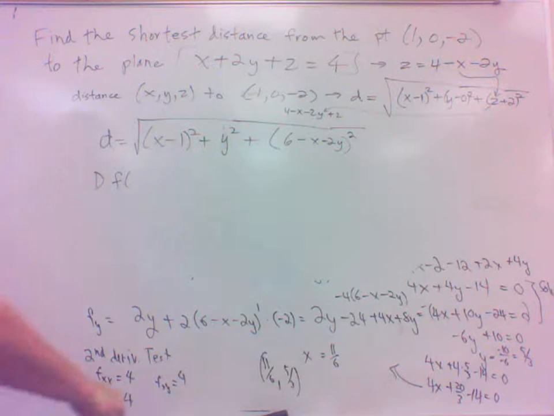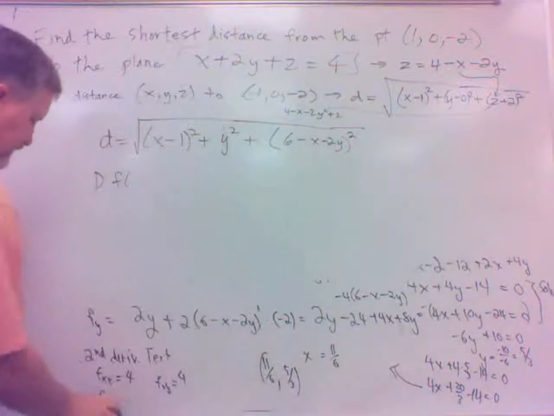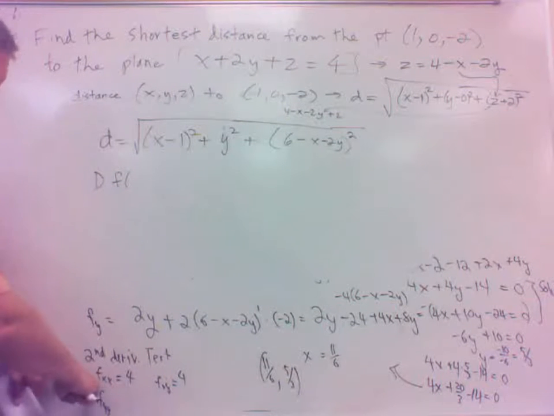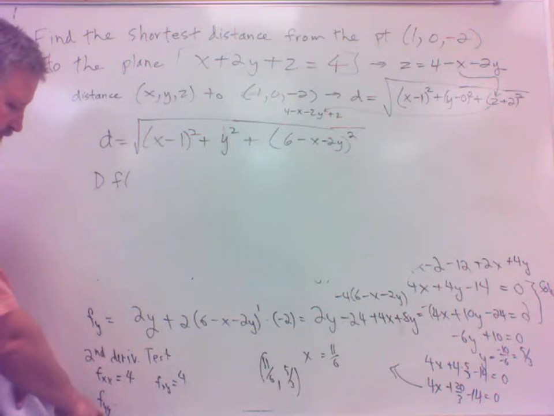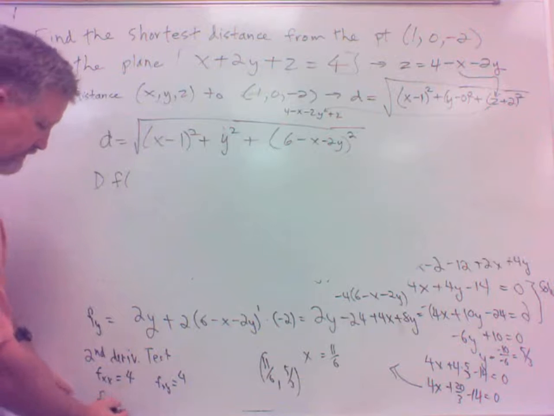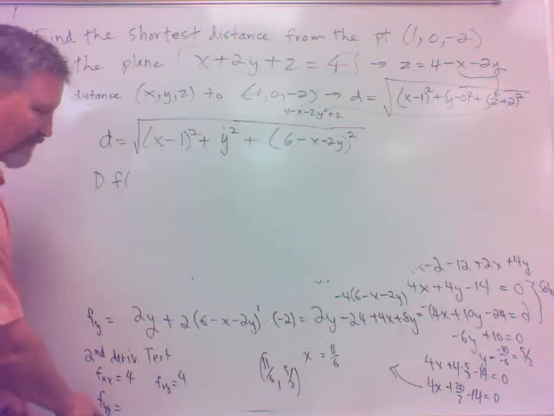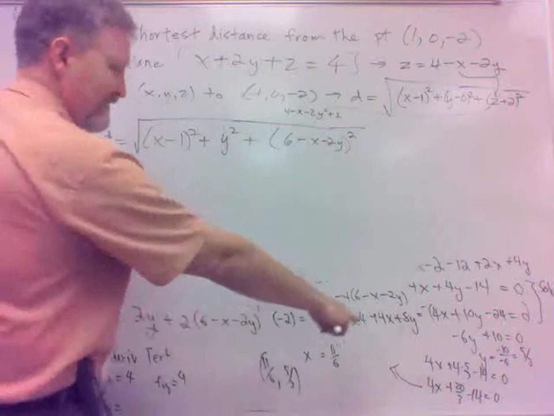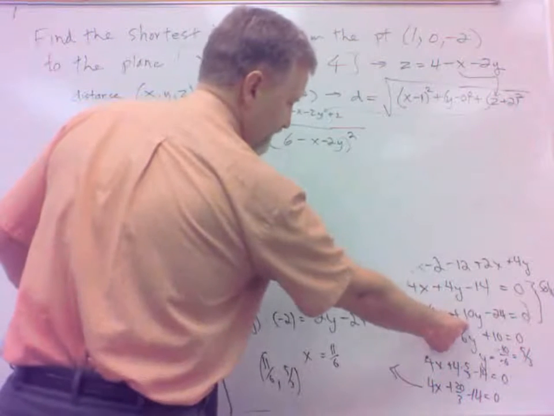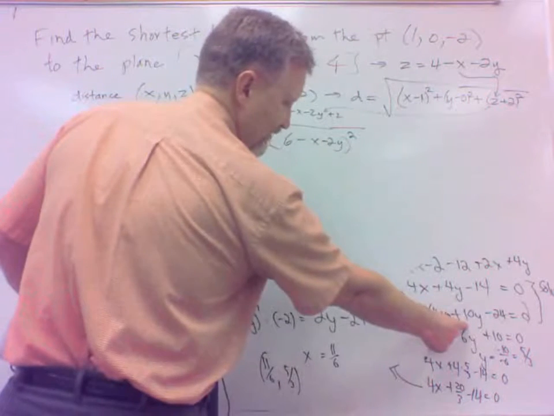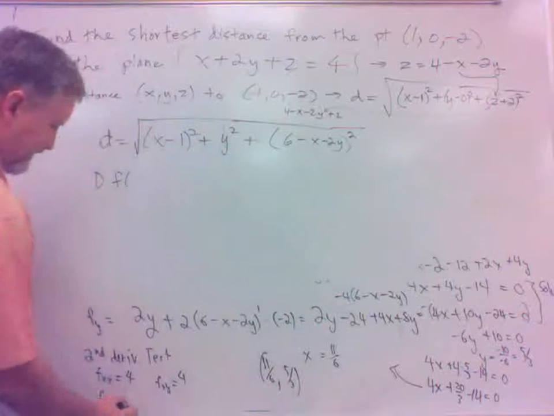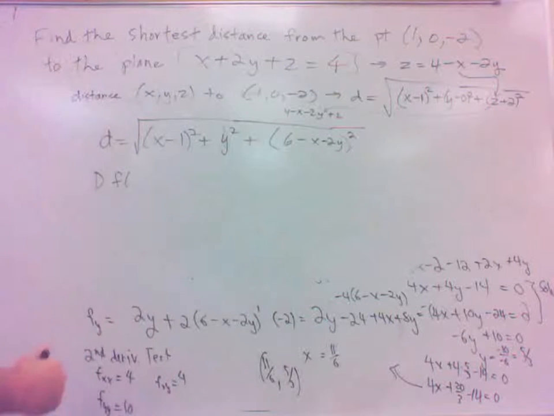Oh, that's what it is. Okay. It's right here. This is what I missed. The second partial of f with respect to y, fyy, so we're doing this one with respect to y. It's not 4, it's 10. Right? Yeah, okay. That's what was throwing me off.